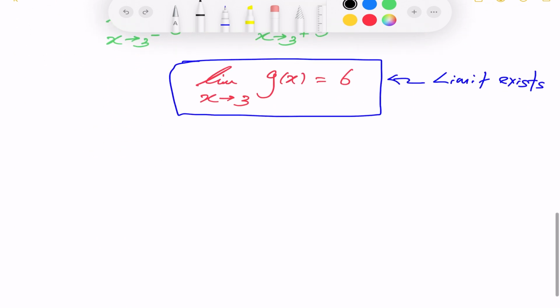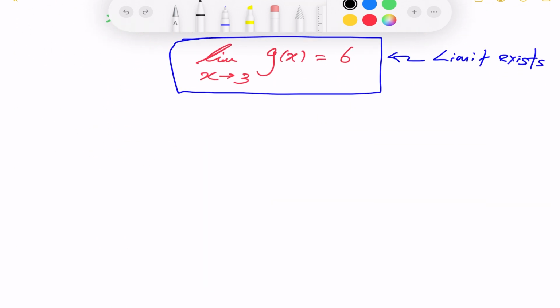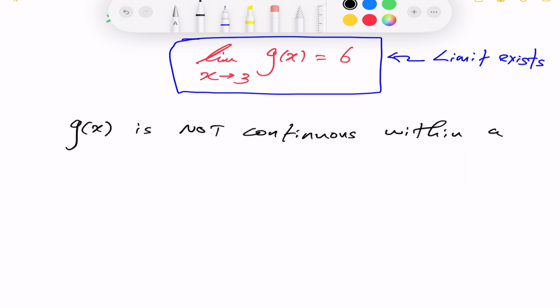So we can write down that statement as well. G of x is not continuous within a neighborhood of 3.